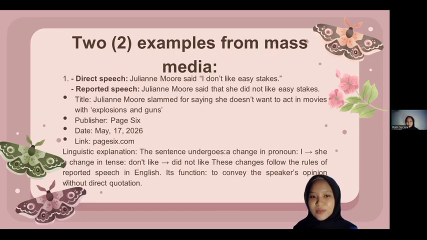The reported speech is: Julianne Moore said that she did not like heavy stakes. The sentence undergoes a change in pronoun, I to she, and a change in tense, don't like to did not like. This change follows the rules of reported speech in English. It functions to convey the speaker's opinion without direct quotation.